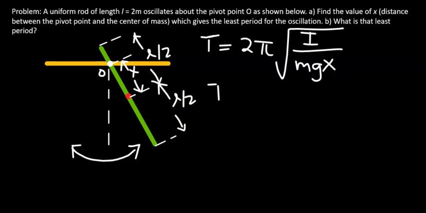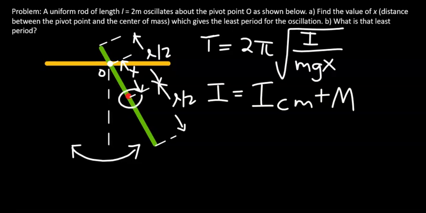So step number 1 is to determine the moment of inertia of this physical pendulum about that pivot point. And we can do that by using the parallel axis theorem. The parallel axis theorem says the moment of inertia for such a body is given by the moment of inertia about an axis through the center of mass of the body, meaning an axis passing through that point, plus a term, which is the mass of the body times the square of the distance between the center of mass and the pivot point, or the new axis of rotation, in this case x squared.